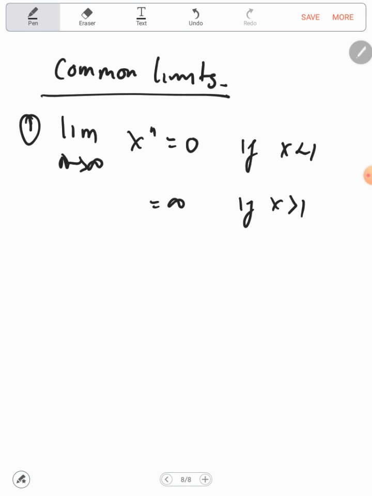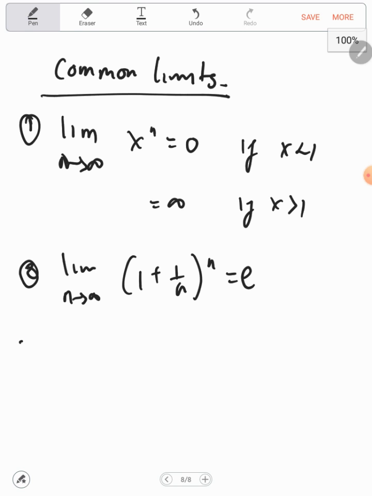Then we also have this one, the limit as n goes to infinity of (1 + 1/n)^n. This is e. Let's put up another one, the limit as n goes to infinity of n^(1/n) is 1.